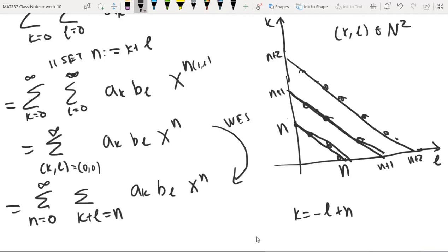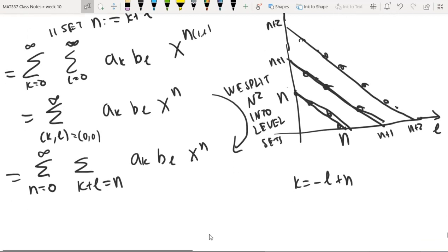We split N squared into level sets. If anyone has a quicker proof, please let me know. But I like it because it's very geometric. I like this proof. So yeah, and then you're done.